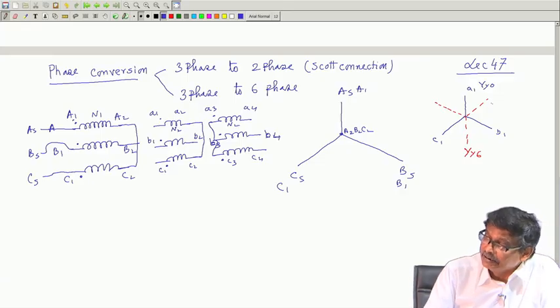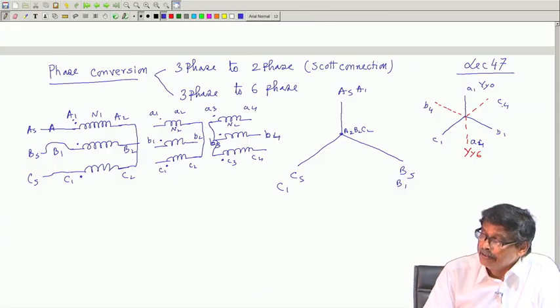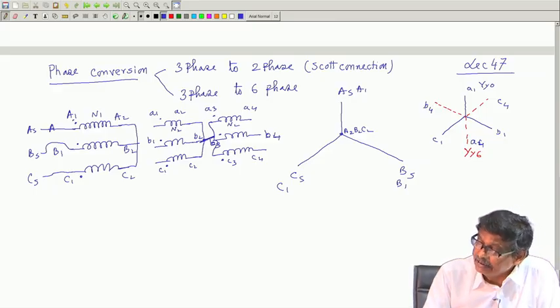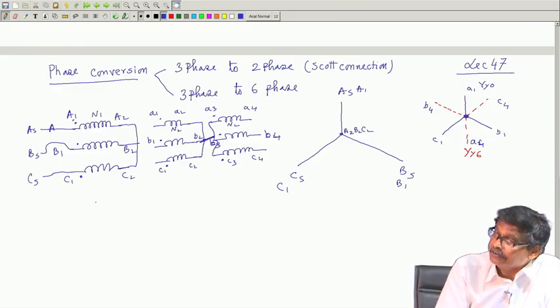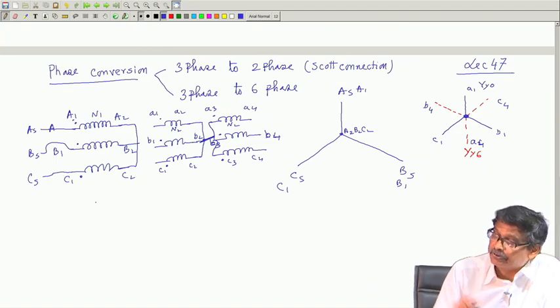Then the terminals will be named A 4, B 4, C 4, and you join these two neutrals, you short them. Then this point becomes a global neutral on the secondary side, where A 3, B 3, C 3 and A 2, B 2, C 2 are shorted.